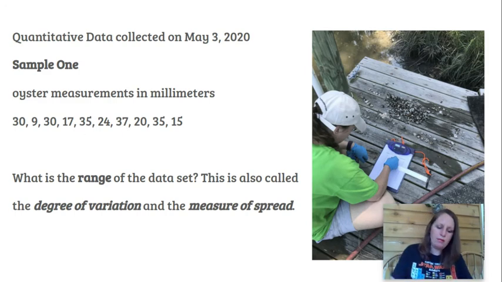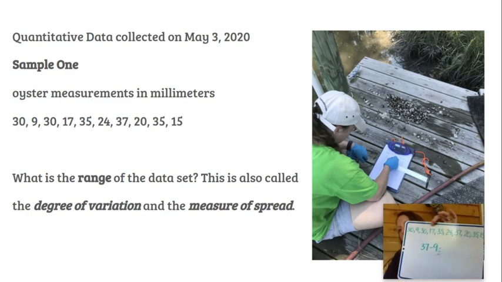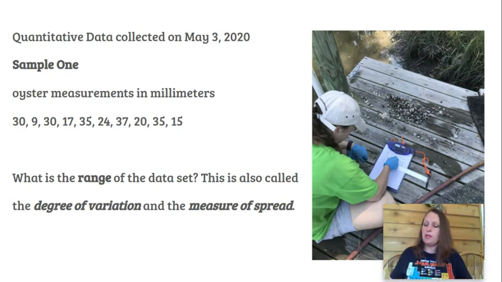So on my paper, whiteboard, and just because I can, I'm going to use my calculator. I'm going to put it in twice just to make sure. 37 minus 9 equals 28.